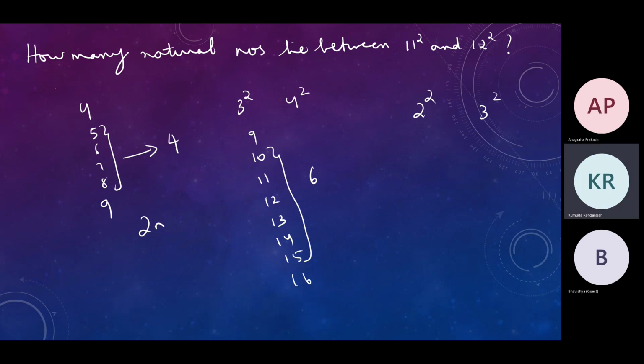If it is between 2 square and 3 square, it is 2 into n, where n is the smaller of the two, which is 2. So 2 twos are 4. Here 3 and 4, the smaller of the two is 3, so 2 threes are 6. So 2n is the rule. Very good.